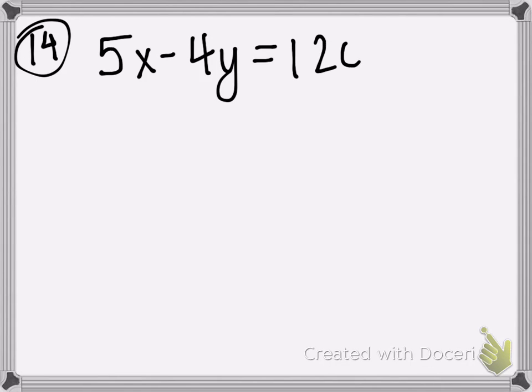So this is 5x minus 4y equals 120. And the directions ask for just the y-intercept. We're actually going to find both. So let's start with, what do you want to start with, Caitlin, x or y?